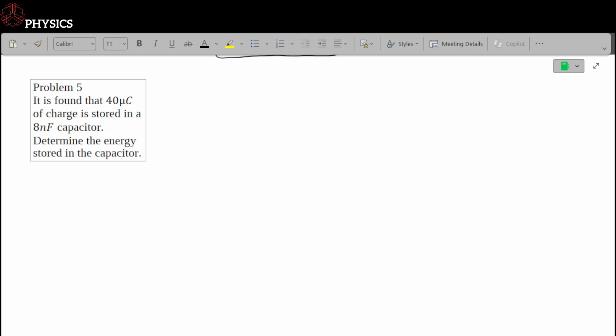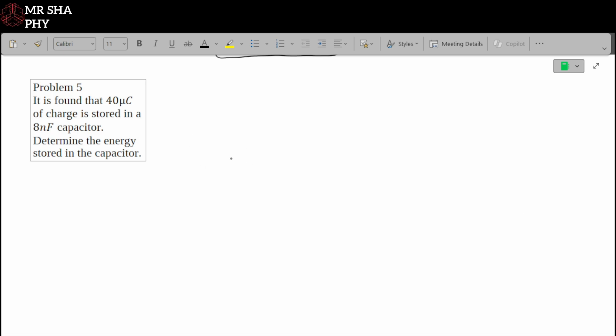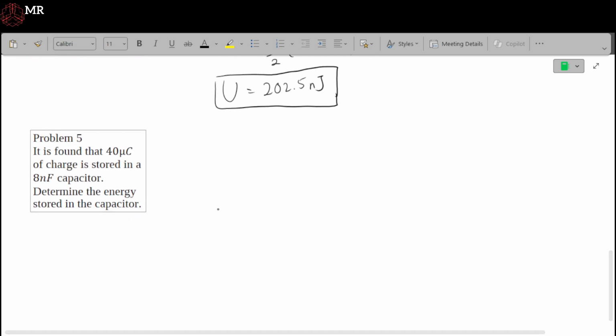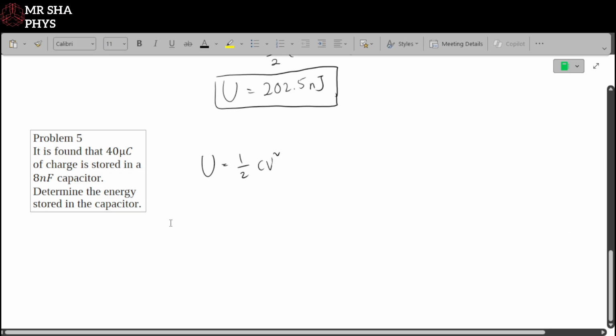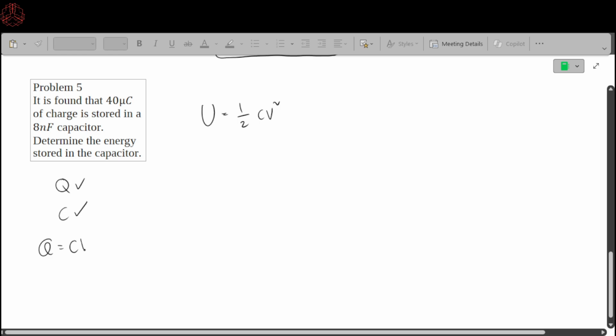Okay, so this is another way of asking about energy, right? In the previous question we had C and V, right? I can just write down that equation here, U equals half CV squared. But this time they gave us Q and C. So I just want to remind you that Q equals CV.